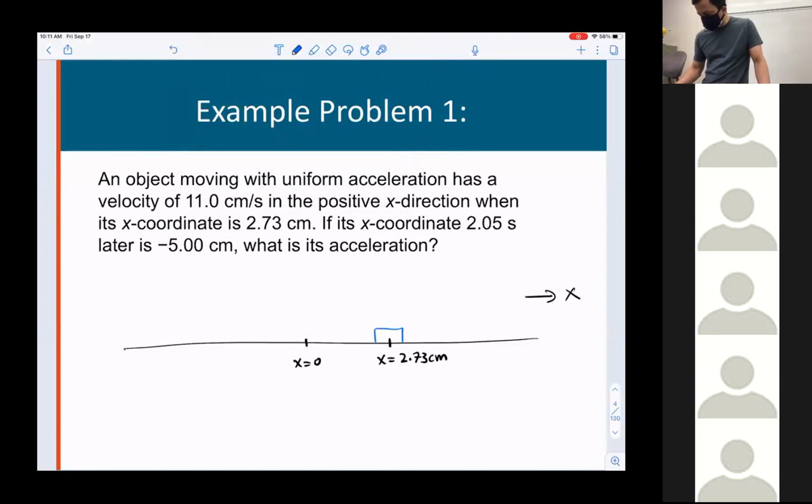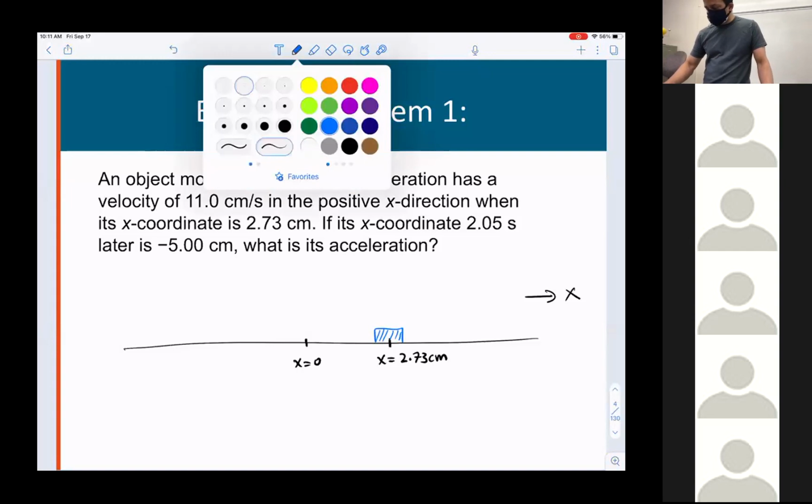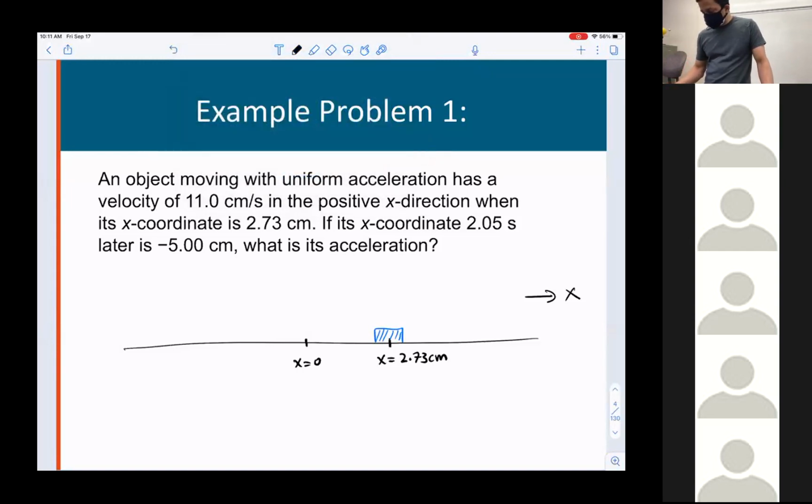So there's the object, whatever that is. It's located at 2.73 centimeters. And when it is at that location, we are told that it has a velocity in the positive x direction of 11 centimeters per second. Any questions on that?